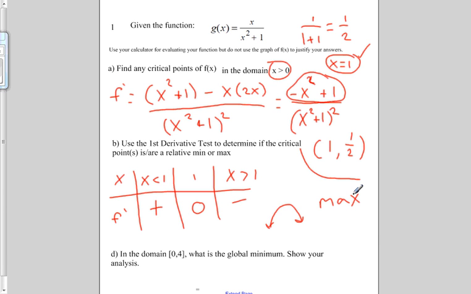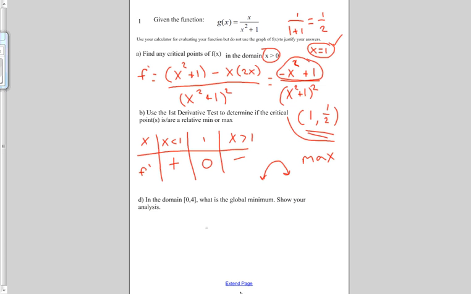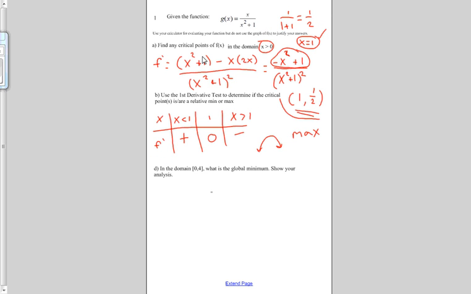Well, we know a possibility for the maximum value is here. To find the global minimum, we just need to look at the endpoints. So if we look at the endpoints, let's find f of 0.